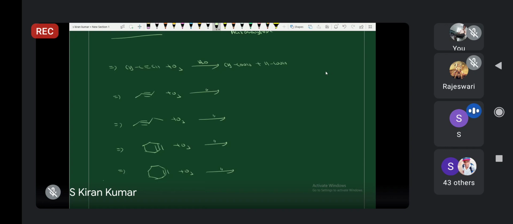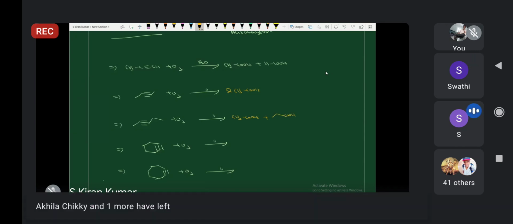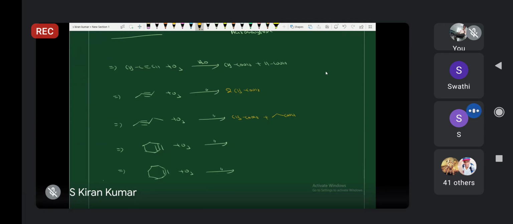Now for the products: 2-butyne gives 2 moles of acetic acid. 2-pentyne gives acetic acid plus propanoic acid. Cyclohexyne gives the dioic acid, adipic acid.